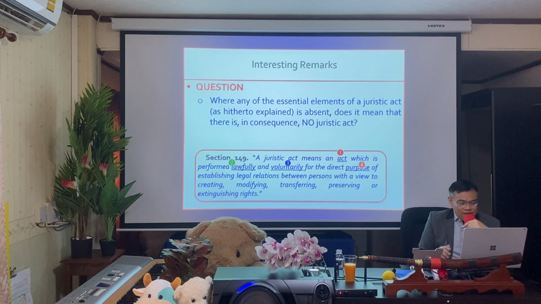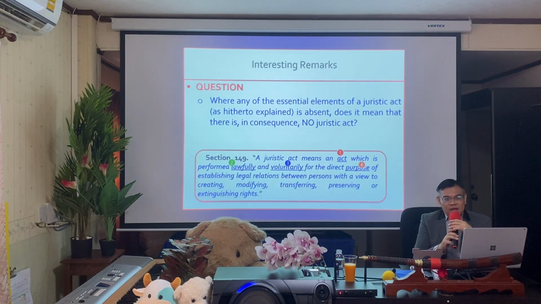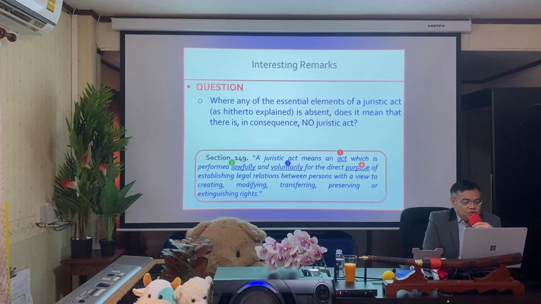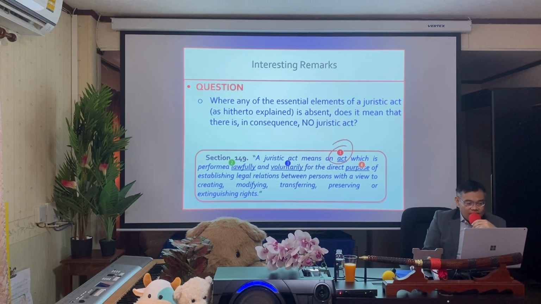Okay. Now I hope that you now have a correct understanding of the crucial elements of a juristic act. Remember 4 elements. First, the first one is what? An act. The second one is lawfulness. The third one is voluntariness, and the last one is the purpose.